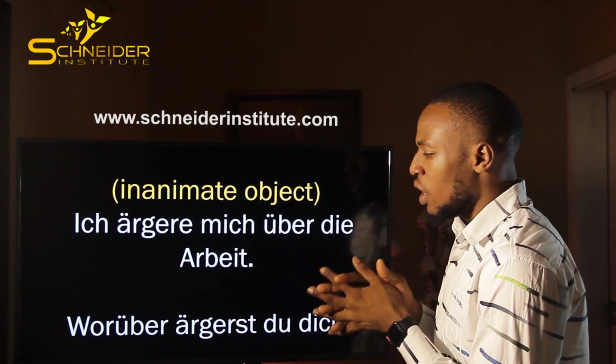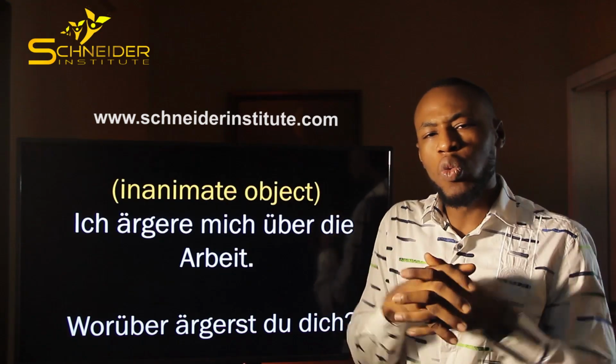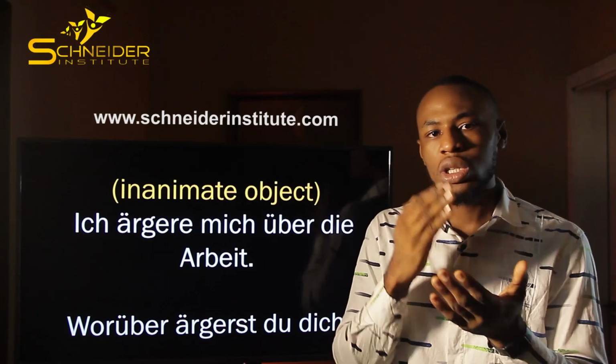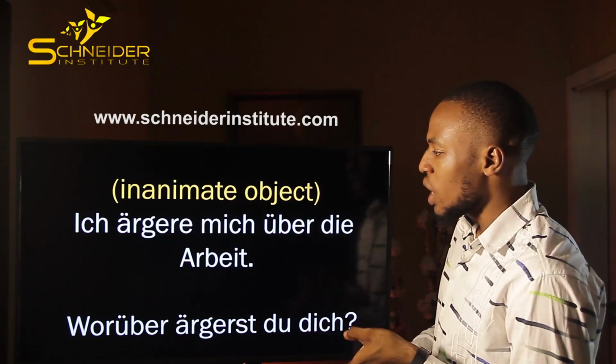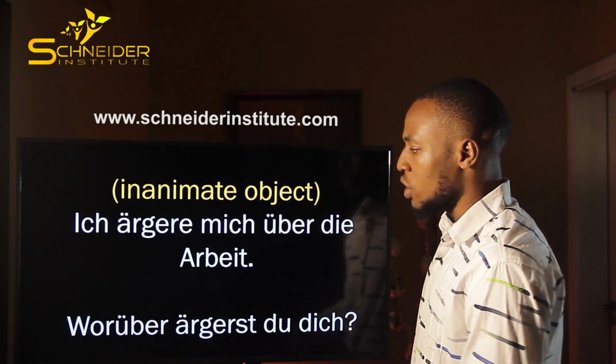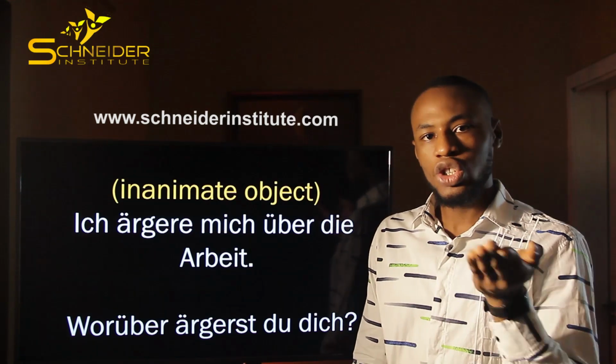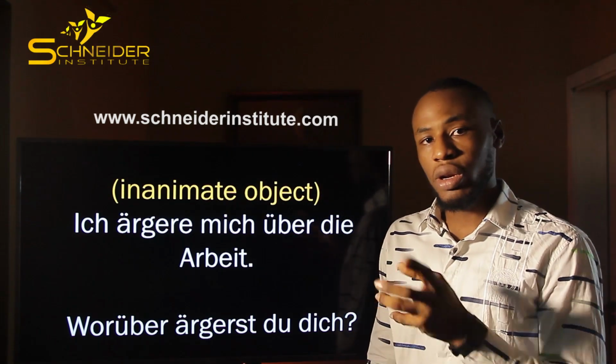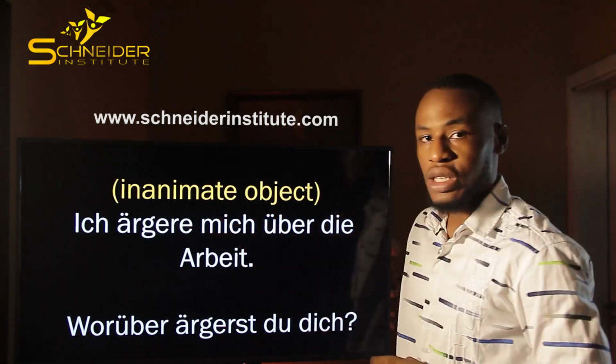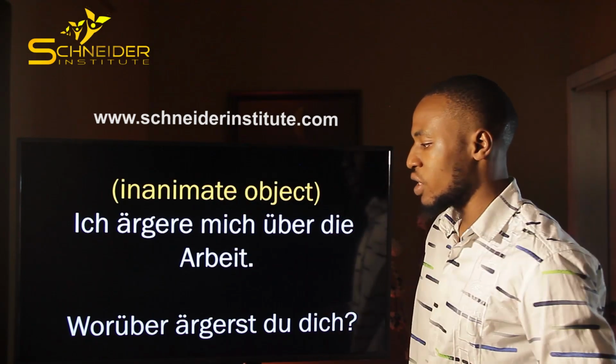Now, if someone were to ask me a question, what are you angry about? Note that the verb we have here is sich ärgern über, which means to be angry about. This is obviously a reflexive verb, and here you can see the reflexive pronoun.